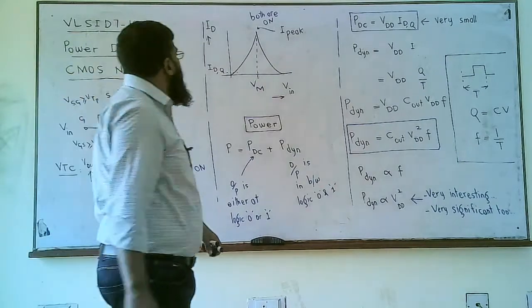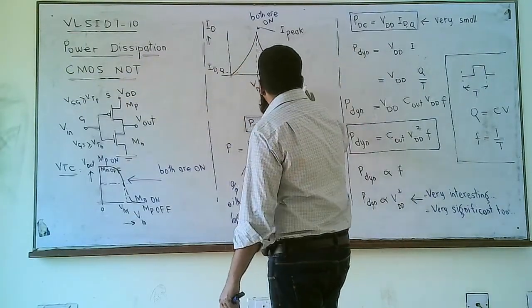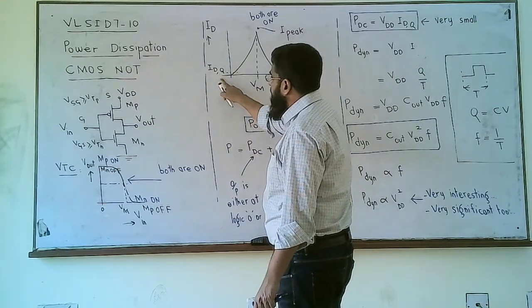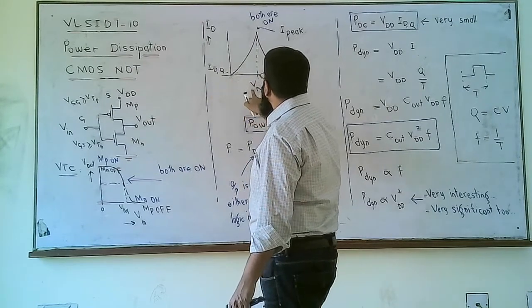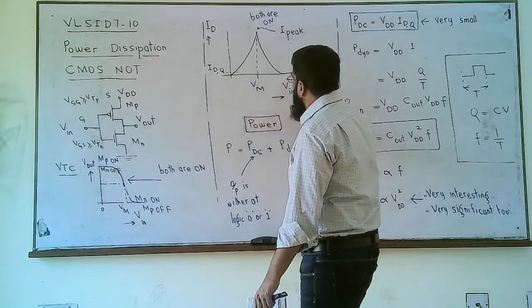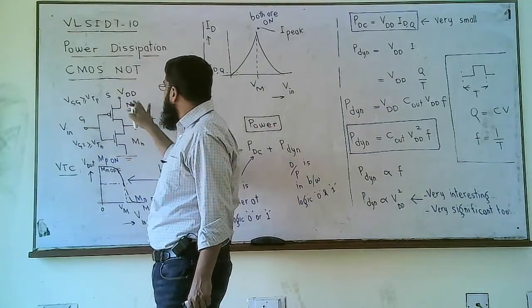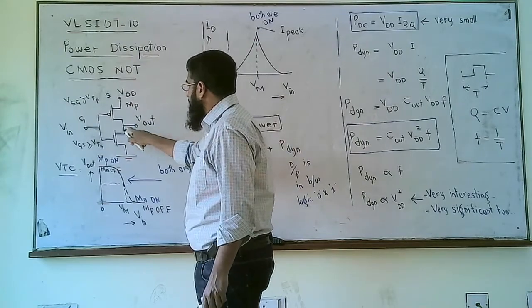Right. So if we plot ID versus Vin, we have very small ID flowing through this gate when the input is either logic 0 or logic 1. Because when the input is logic 0, MP is on and we have VDD available at the output, but MN is off.